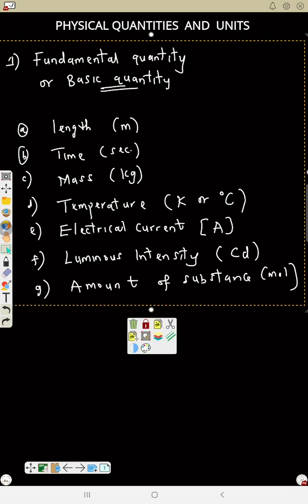These ones are fundamental quantities. Now, the international system, that is SI units.